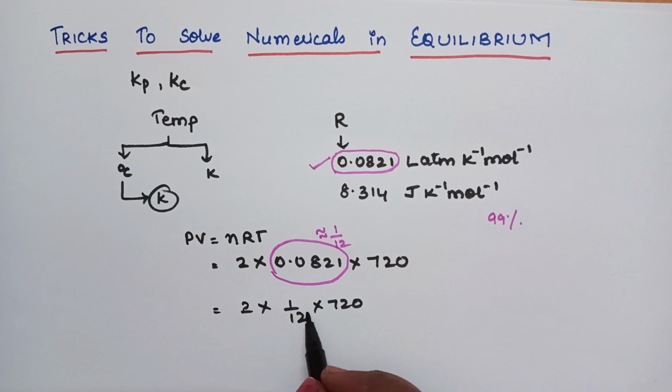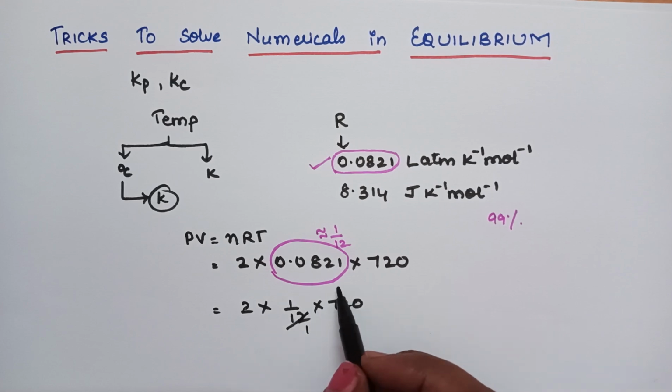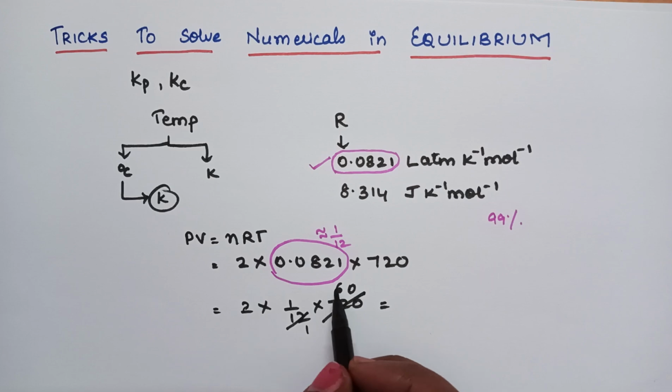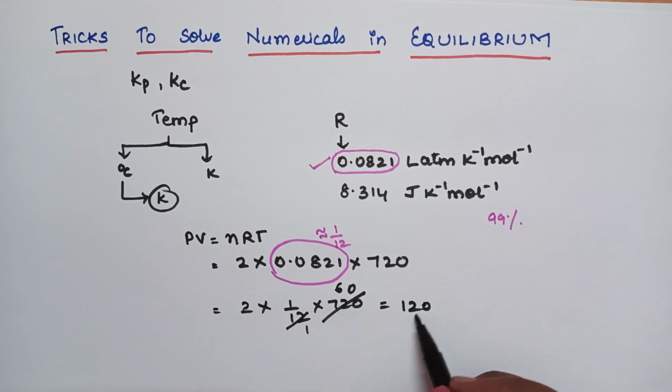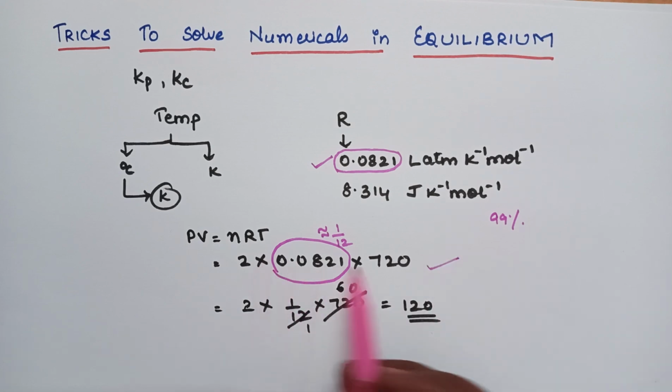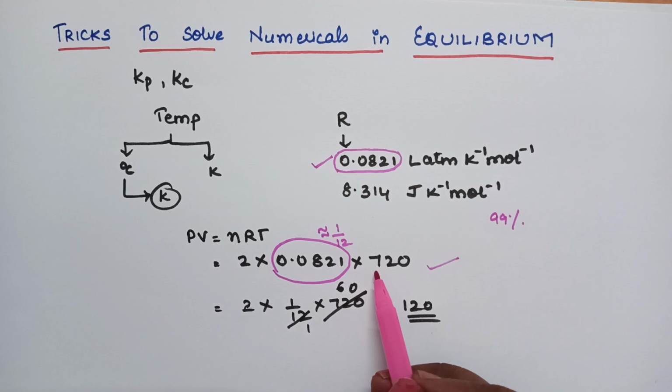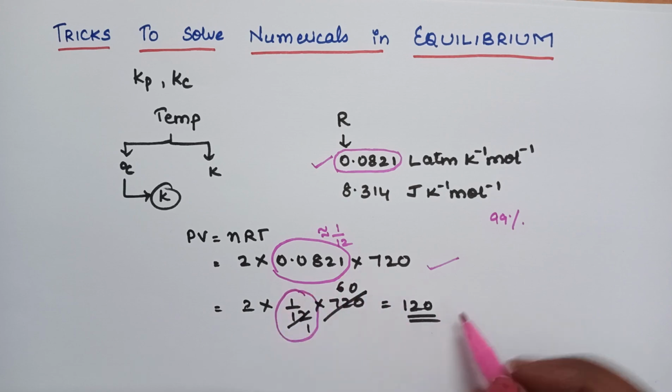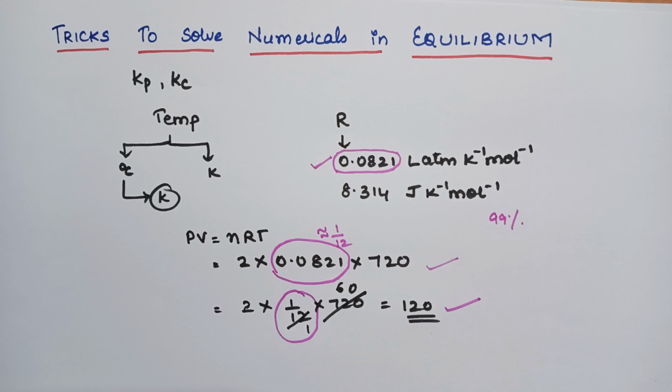Now cancel: 12 ones are 12, 12 sixes are 72, so 60. Then 6 twos are 12. So you will be getting 120 as the answer. See how much time is consumed in this. If a bigger number is given, it takes a lot of time to multiply. Instead, if you use this value, within a few seconds you will be getting the answer.